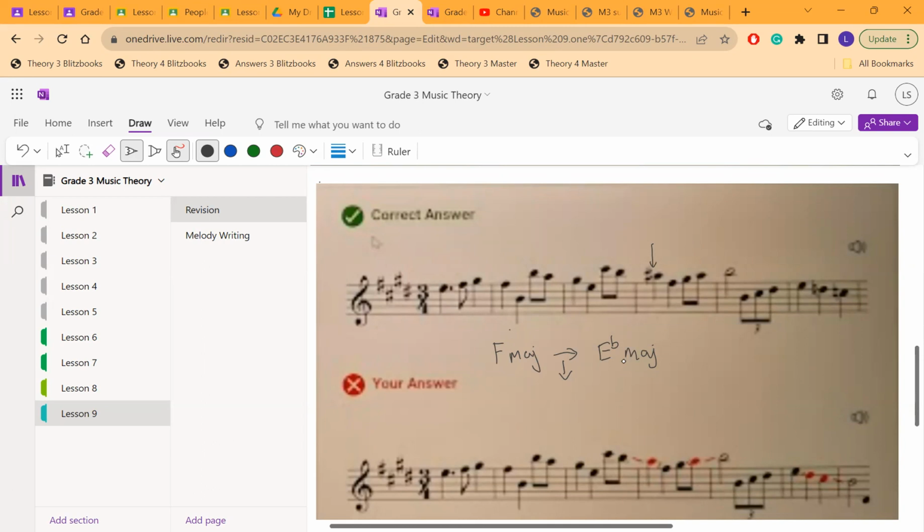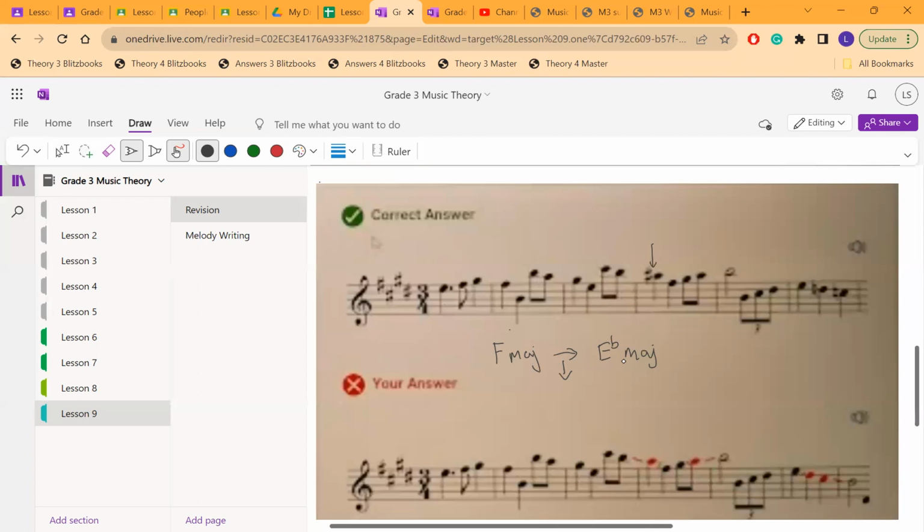That means that if you had this note in a melody in F major, it would become this note in E flat major. Similarly, if you had this note in F major, it would become this note in E flat major. So, two ways of doing transposition. The other way is intervals between notes of your melody. That's more useful for checking, for example accidentals.